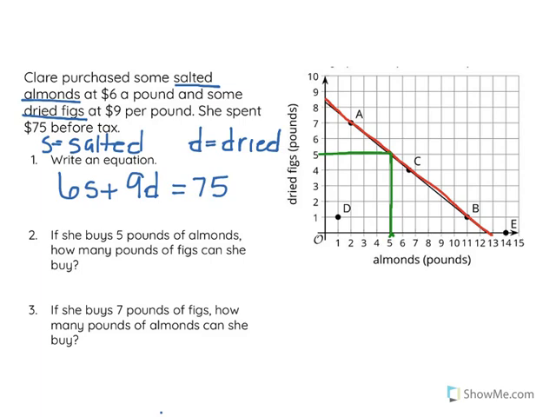So if I buy 5 pounds of almonds, I'm also going to buy 5 pounds of figs because that's this coordinate right here. 5 almonds and 5 figs. So that's the combination that would get me $75.